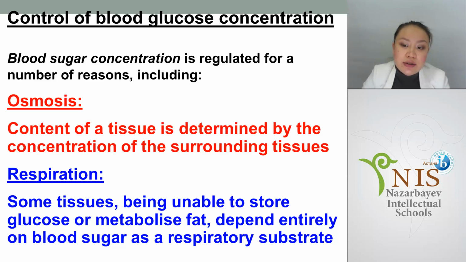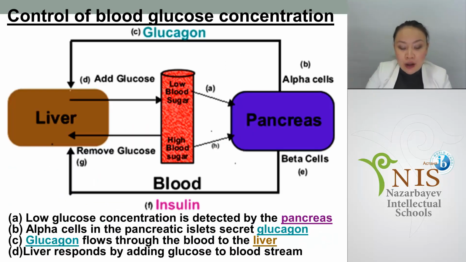Blood sugar concentration is regulated for a number of reasons, including osmosis. Water content of a tissue is determined by the concentration of the surrounding tissues. Respiration: some tissues, being unable to store glucose or metabolize fat, depend entirely on blood sugar as a respiratory substrate.